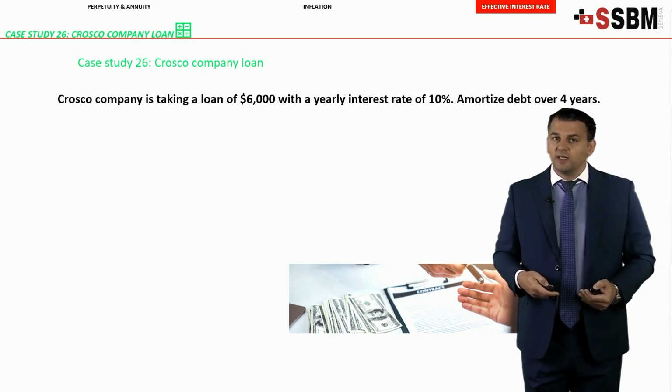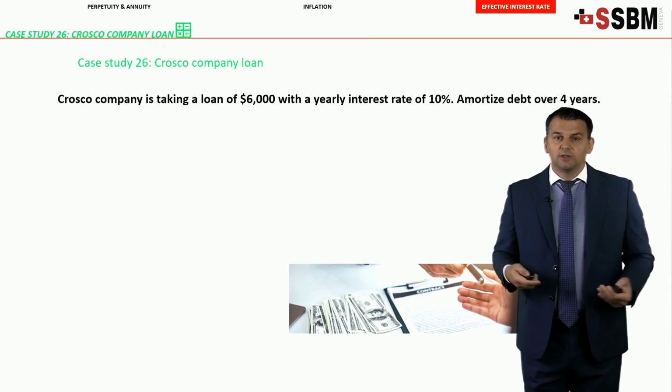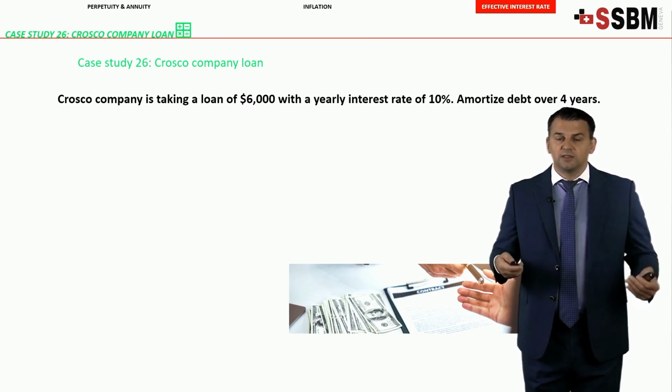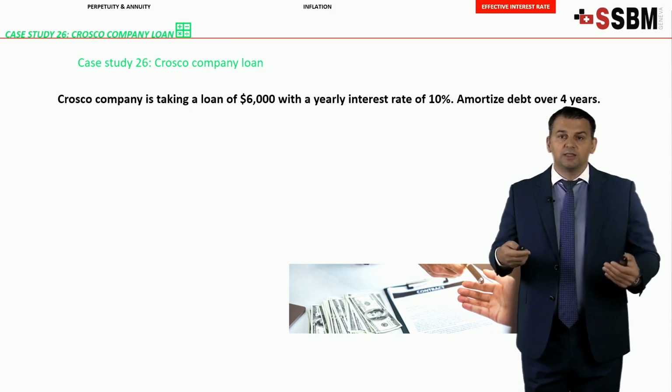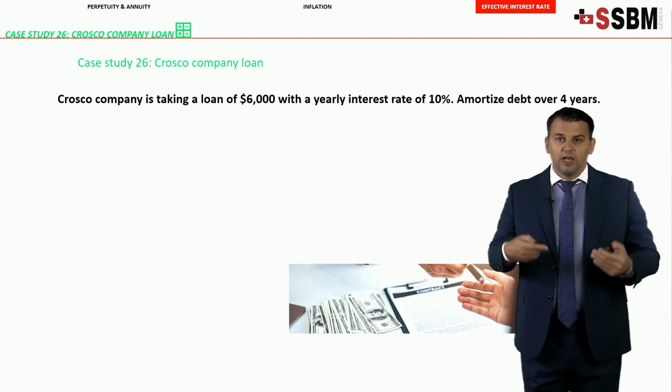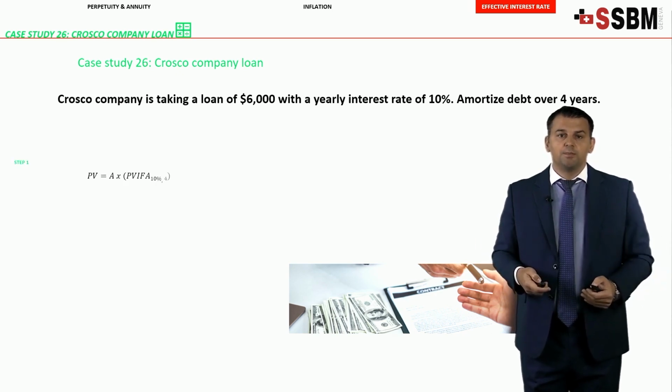So we have here, my dear students, case study 26, the company Crosco. They take a loan of $6,000 with a yearly interest rate of 10%. The question is to amortize or pay the loan every year with the annuities, the interest, all of that over a 4-year period.